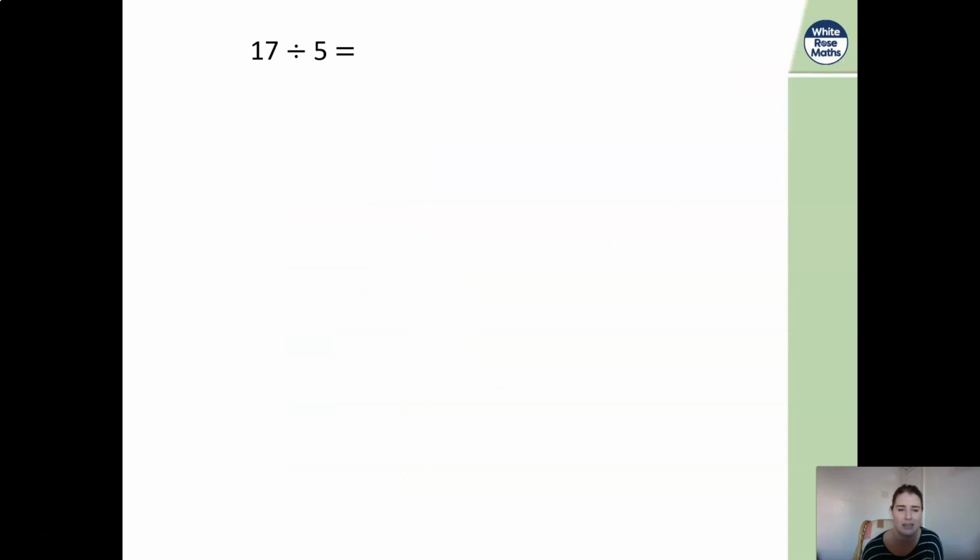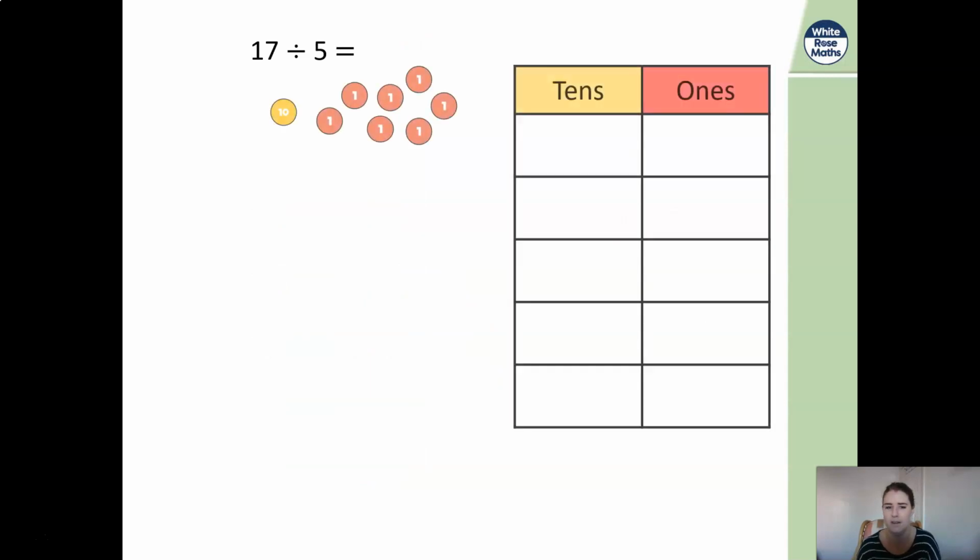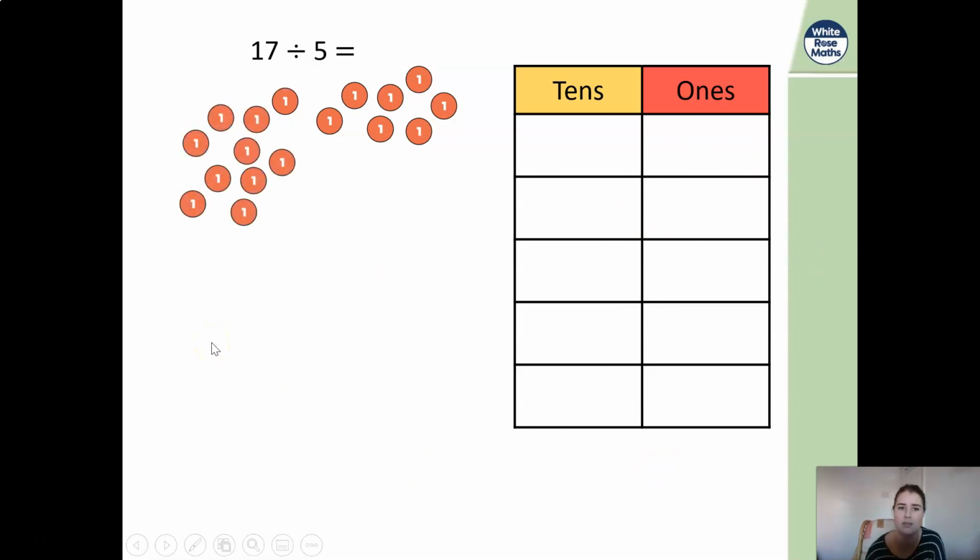Now, here I'm going to look at 17 divided by 5. I have my 10 for my 17, I have my 7 ones. Now I can't split my 10 across my equal number of 5 columns, so I'm going to have to exchange that 10 for ones. Now I've got 17 lots of ones. So how many lots of 5 can I get into 17?